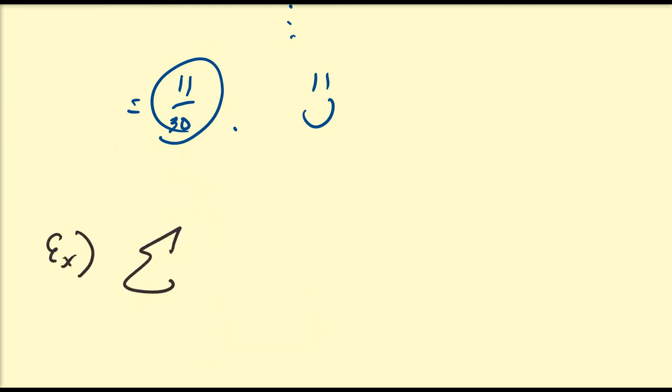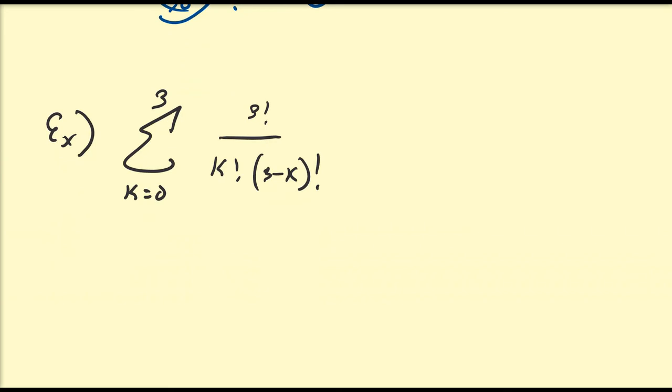All right. Let's assume we want to find the sum from k equals 0 to 3 of 3 factorial over k factorial times 3 minus k factorial. Remember, 3 minus k factorial is not going to make sense if k is greater than 3, so that's why I stopped my sum at that stage. Notice 3 factorial doesn't depend on k, so I can factor that out of the sum.